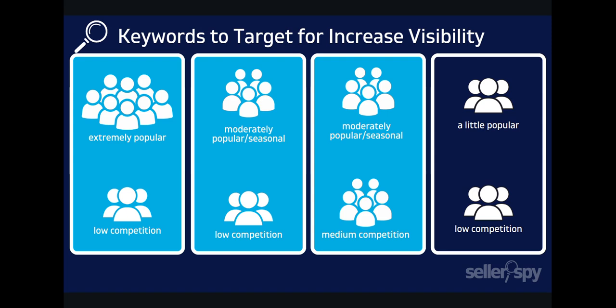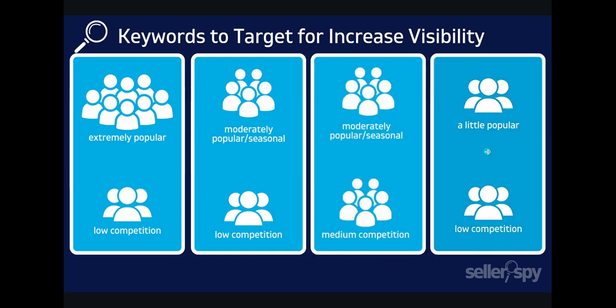It is possible if you have some ratings to rank for medium competition keywords. But when you're starting out, or if you have a new product, you do want a little bit of popularity, but you definitely want to focus on that low competition. And really what I consider low competition is fewer than 2,500 products showing up in the results for a keyword.